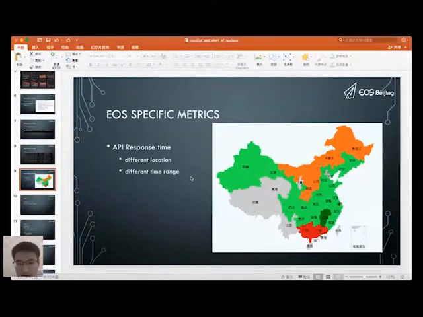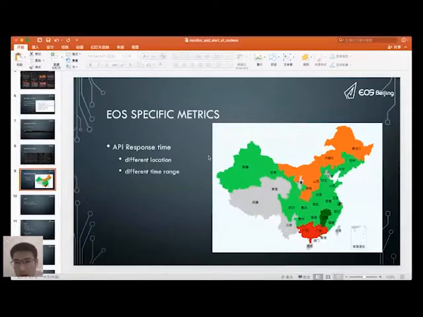So you need to know where the target users of your app are located, and you have to provide a good response to those users that you care about. The response time is different in different locations, and also may be different in different time ranges, because you may have a lot of connections in the daytime or in the nighttime.